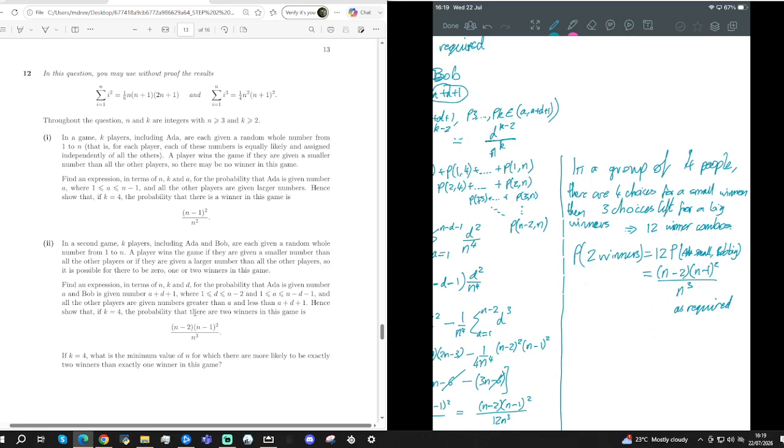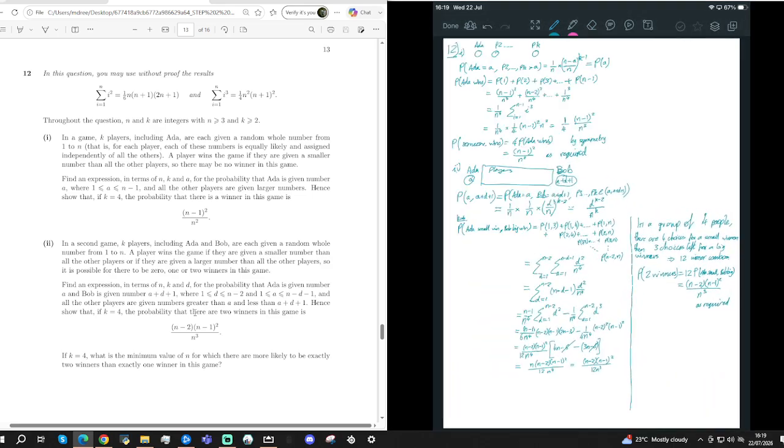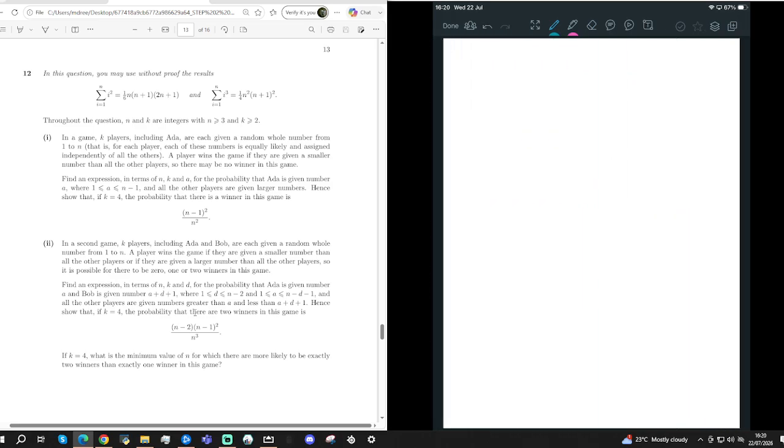That might mean we need to go back to part I slightly. And that might be more complex than one might originally think. So let's try and deal with the probability of having exactly one winner.